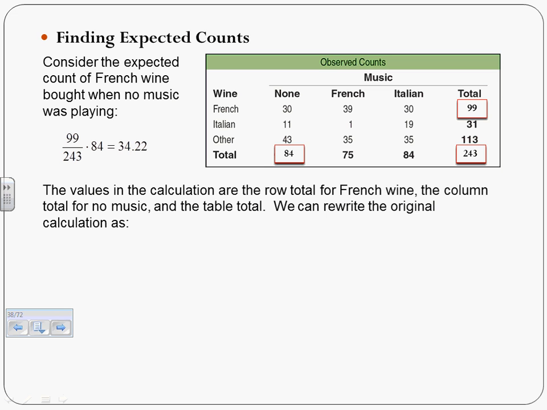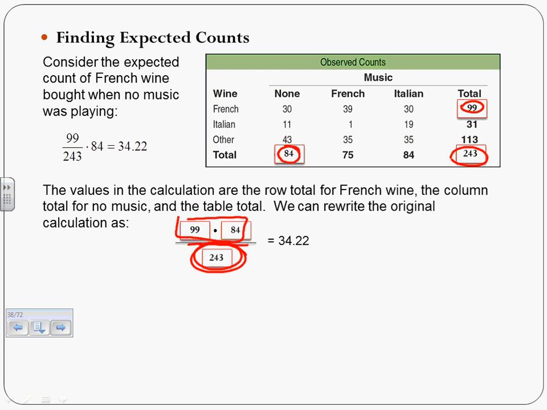So the values in the calculation are the row total divided by the column total, and then multiplied by the table total. Or no, hold on. It's the row total divided by the table total multiplied by the column total. There we go. So an easier way of thinking about that is you take your column total and row total, multiply those, and then divide by the overall table total.